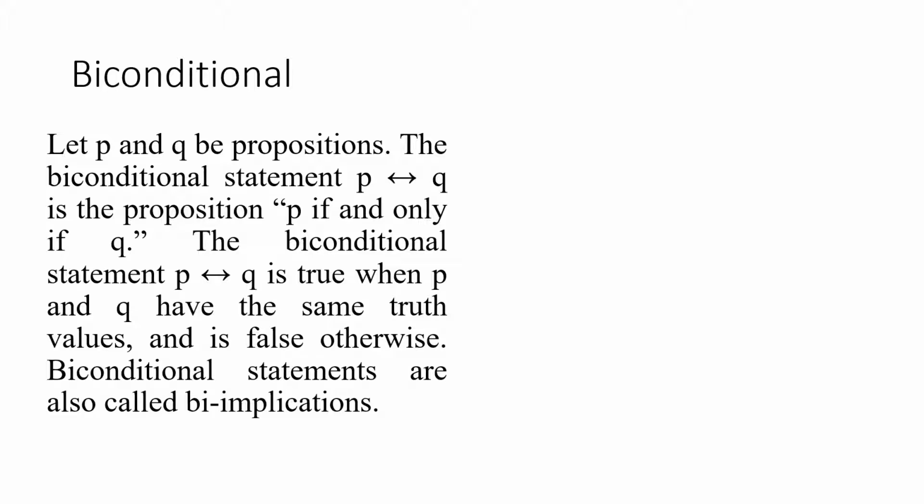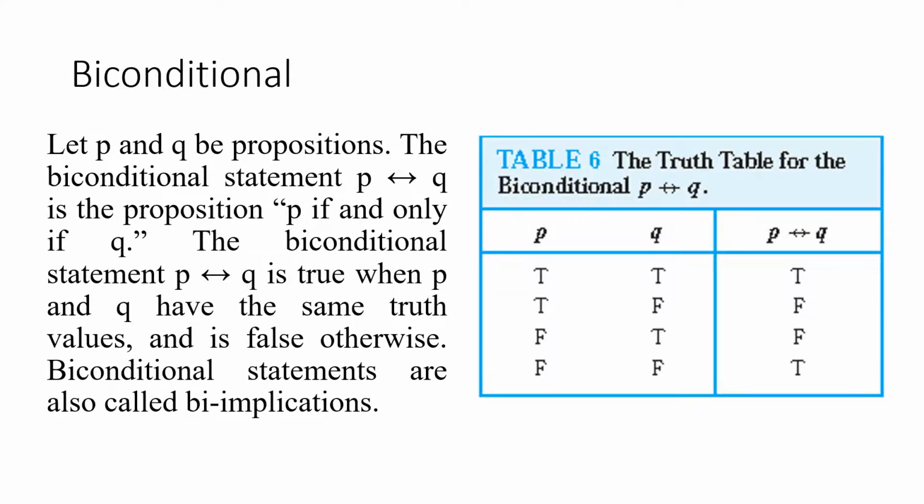The biconditional statement P if and only if Q is true when P and Q have the same truth values and is false otherwise. Biconditional statements are also called bi-implications. This would be the truth table for P if and only if Q.